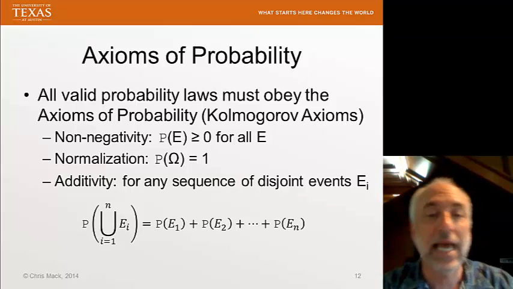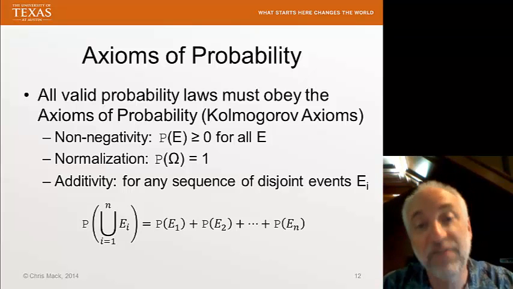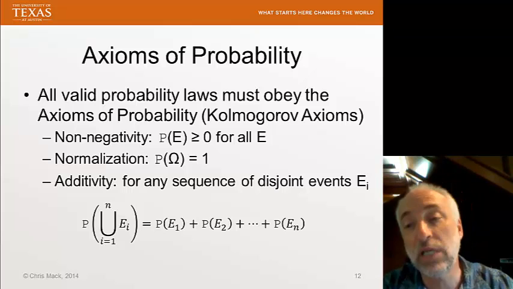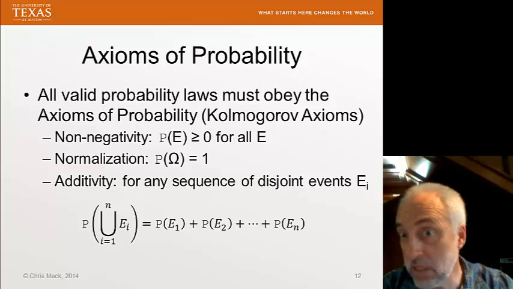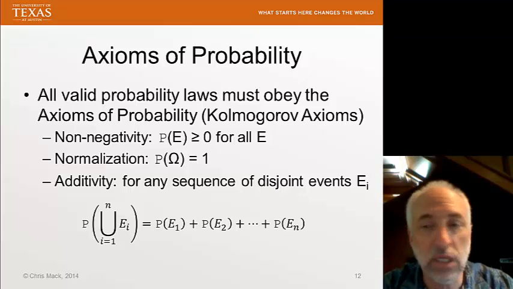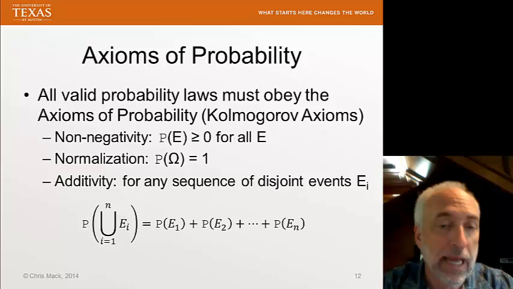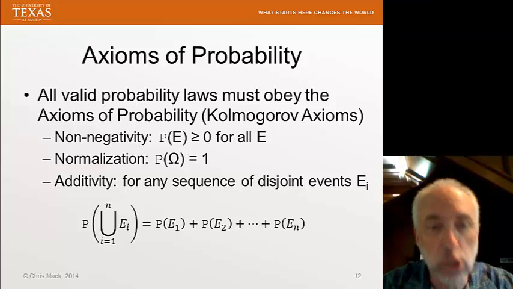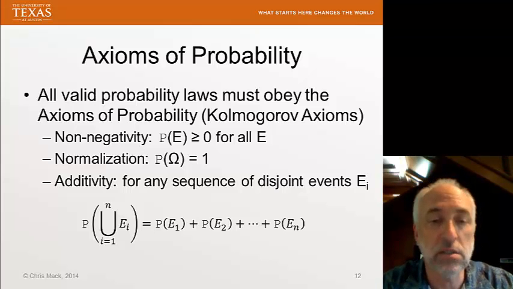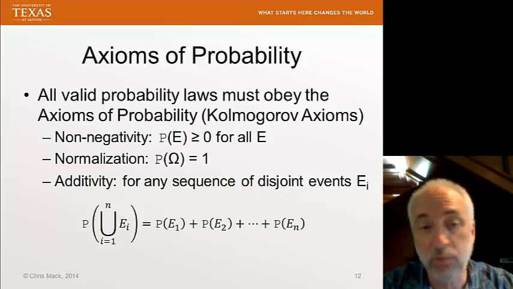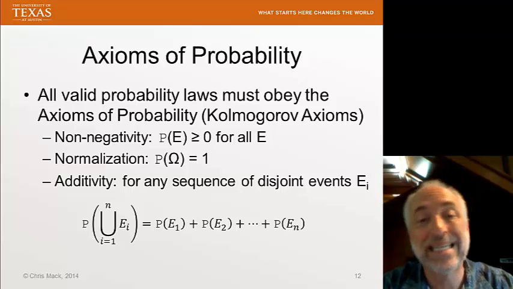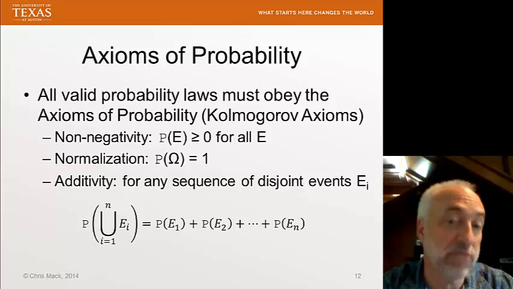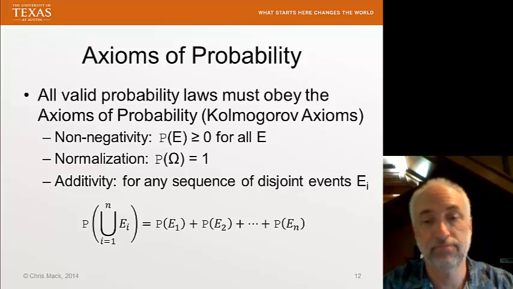And finally, additivity. If I have a sequence of disjoint events, disjoint means there's no overlap, there's no elements in common between the events E sub i. And if I take a union of these disjoint events, the probability of that union is the sum of the probabilities of the individual events.